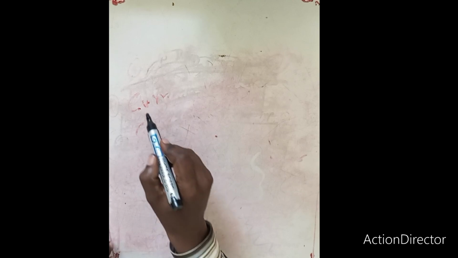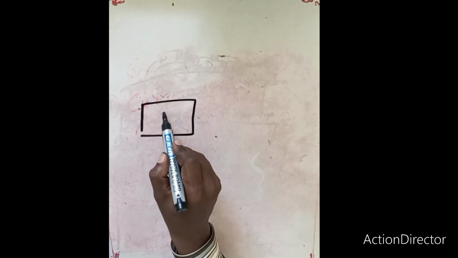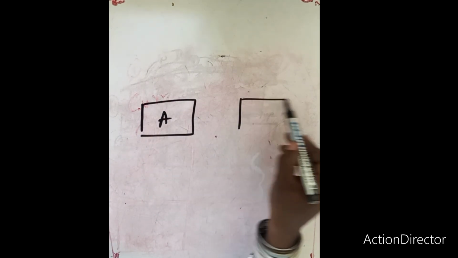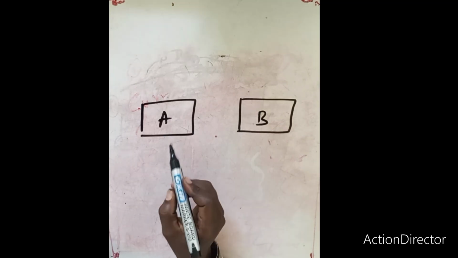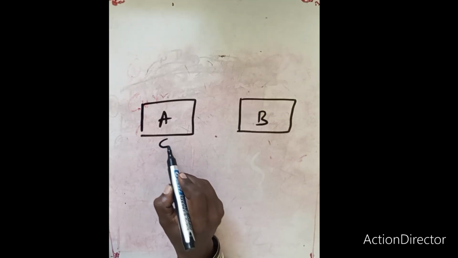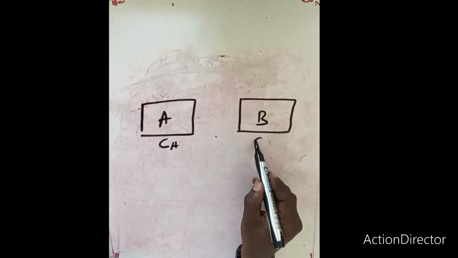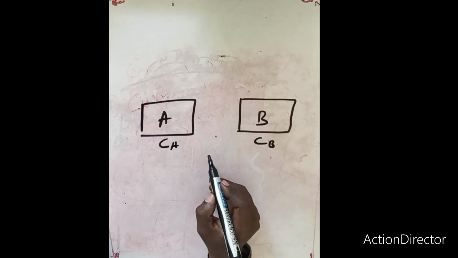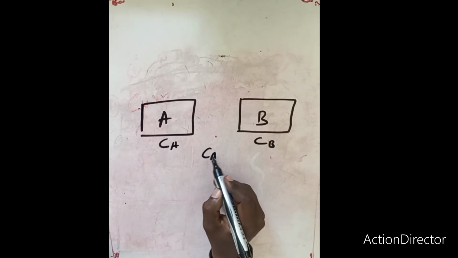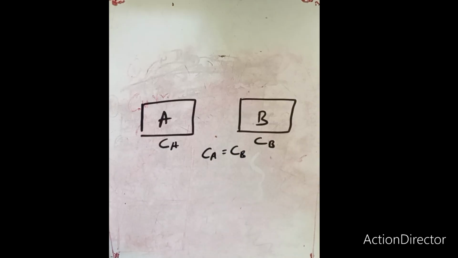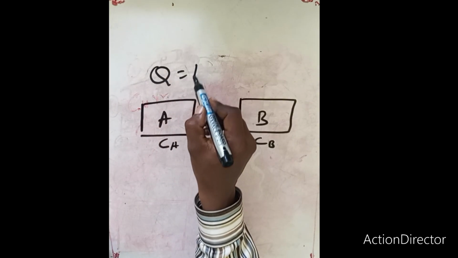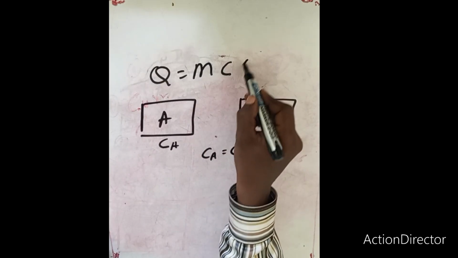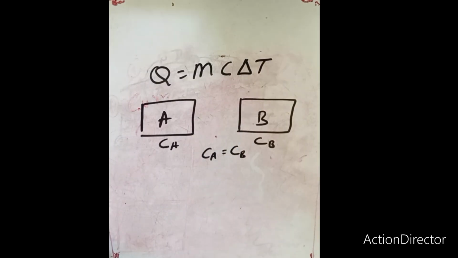We have two materials, A and B. The two materials are the same, so the specific heat capacity of A and of B is the same: C of A is equal to C of B. We use the formula Q equals M times C times change in temperature.